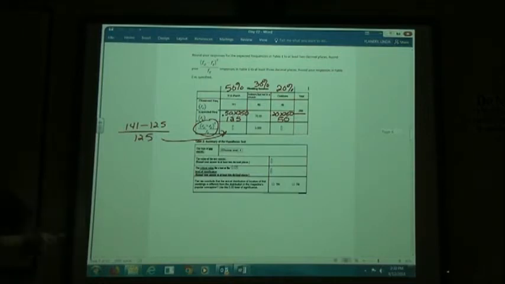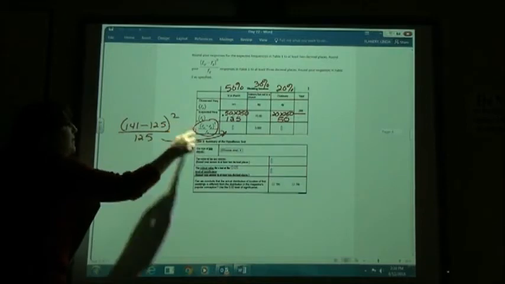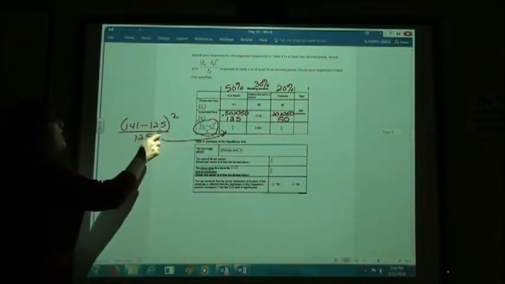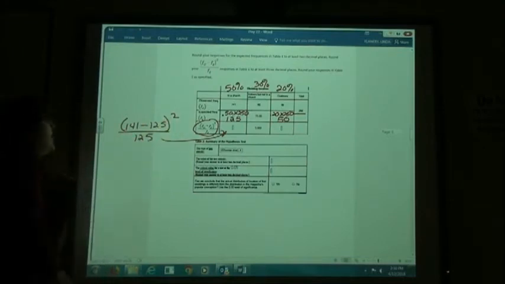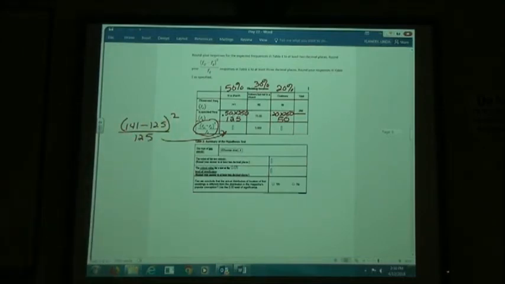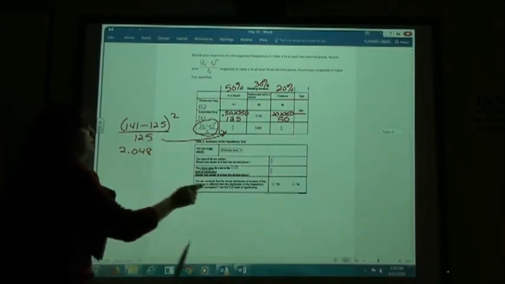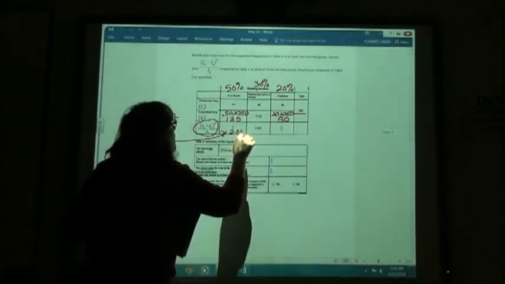Oops, I forgot the squared. Great, I'm supposed to have that squared there. 141 minus 125 squared divided by my 125. If you punch that into your calculator, you should get 2.048.